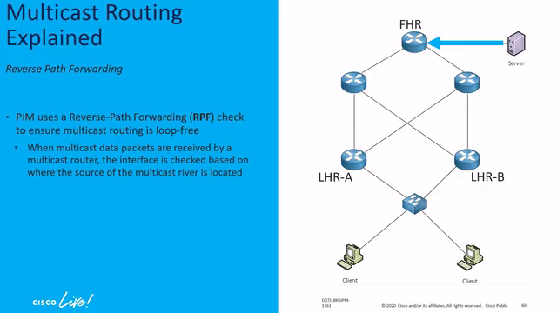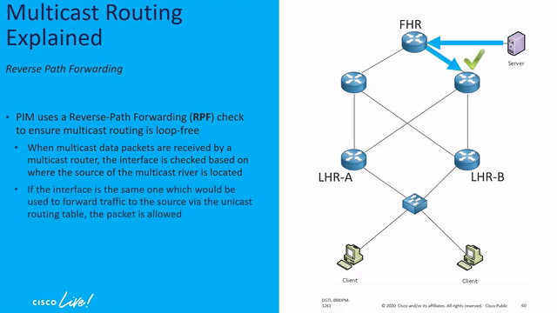We have to say, what is the source of the packet? The source of the packet would be some network, some device, some host. And what the router will do is compare that source IP to its RIB and say, what interface would I use to forward a packet to that source?